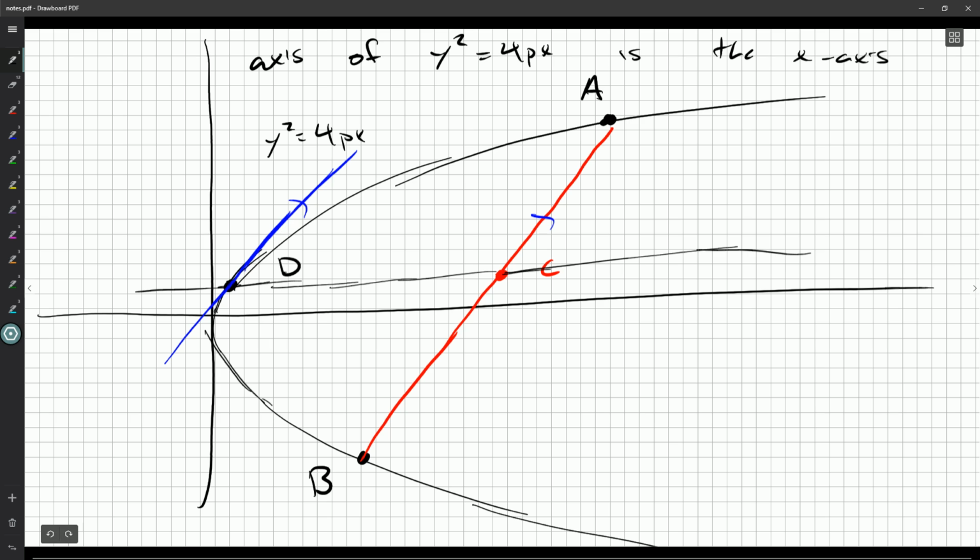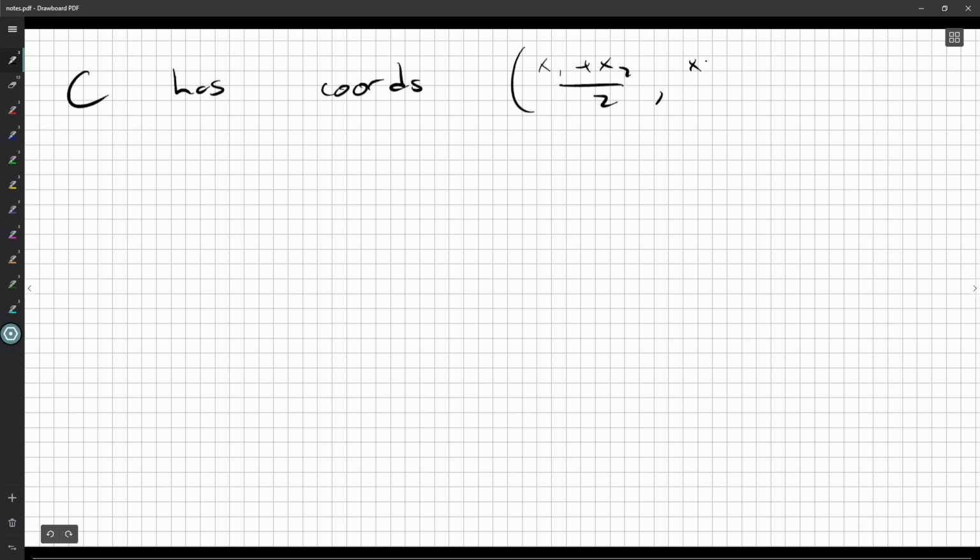Now, I know the coordinates of A. I know the coordinates of B. So I know the coordinates of C, because they said C is the midpoint. So let's say C has coordinates. To get the midpoint, you just average the x coordinates and the y coordinates.